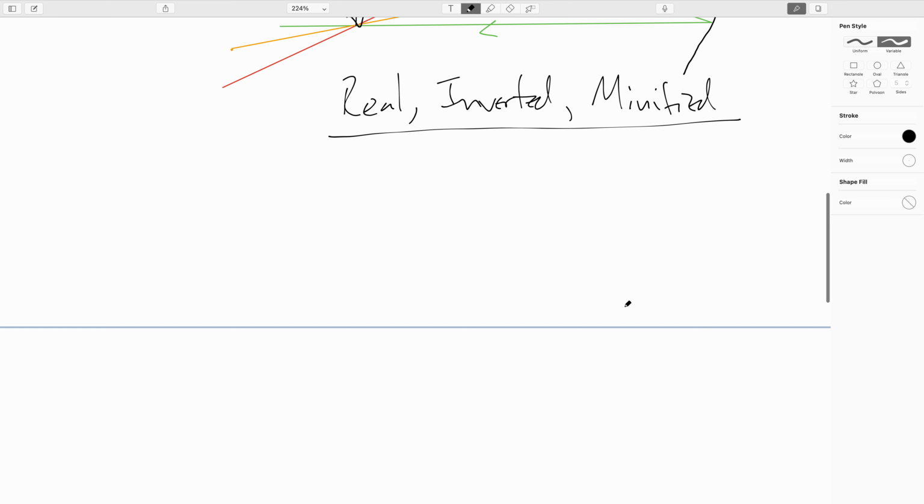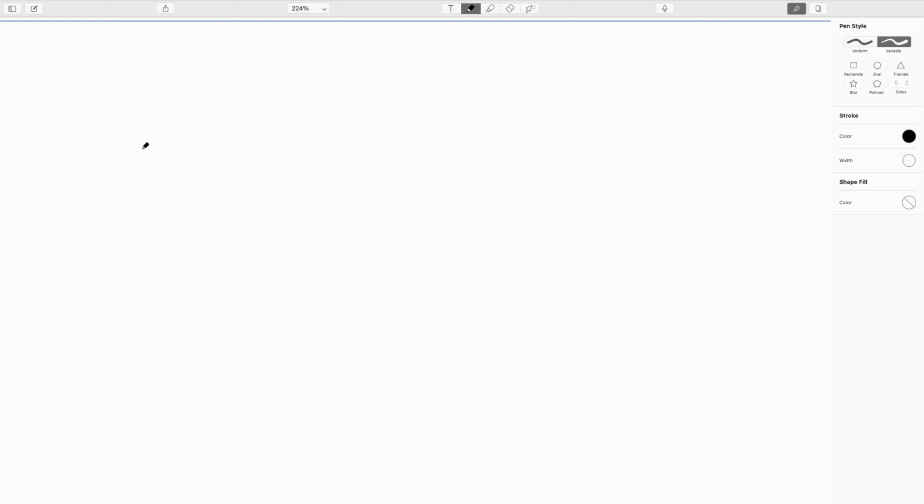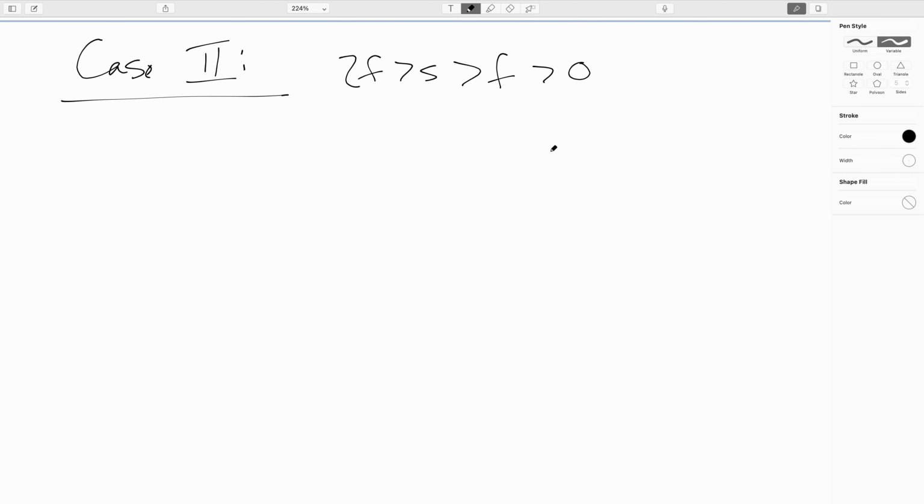All right, so let's go ahead and take a look at our second case. This is where we are between the center of curvature and the focal point, and it's still a converging mirror. So let's draw in our optical axis.